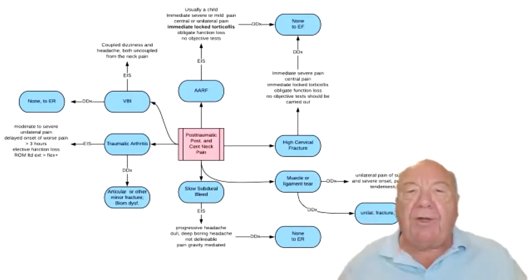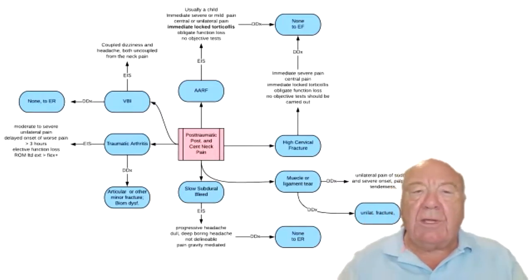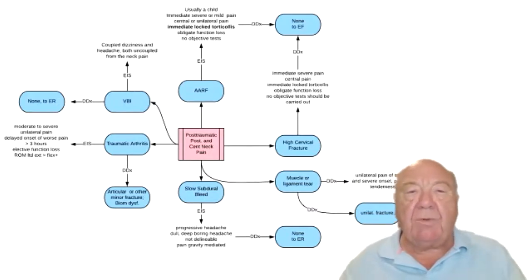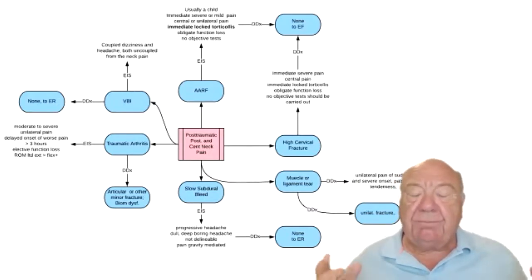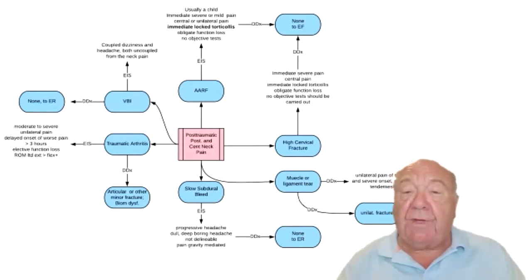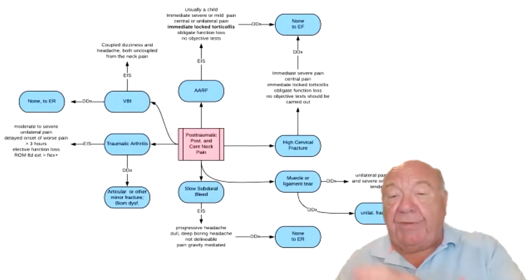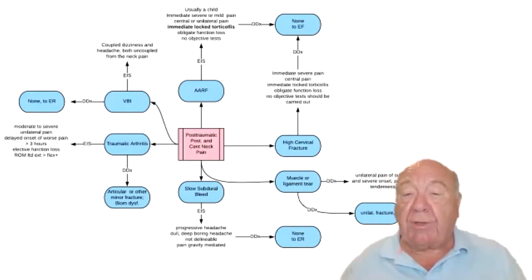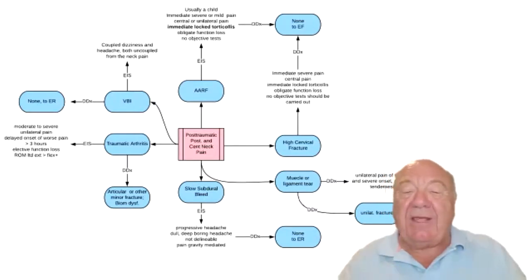There's immediate loss of movement, so locked torticollis, obligate functional loss, and the game here is not doing an objective test. All by itself, that is enough to suggest a high cervical fracture or possibly this ARF. And these are your differential diagnoses. So again, this needs immediate imaging.